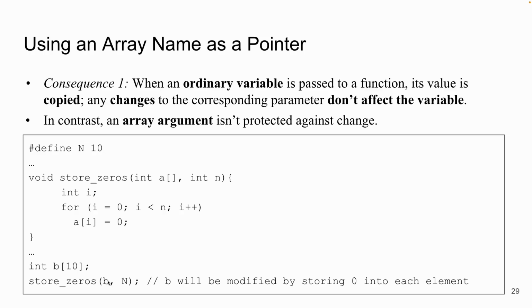So that is why the array argument is not protected against change, because the function can indeed change the contents of the array we pass to the function. Just like the example here, we pass the array B to this store 0 function, and in this function, what we do to the array A will reflect back to the array B. The reason is that A actually points to the array B.